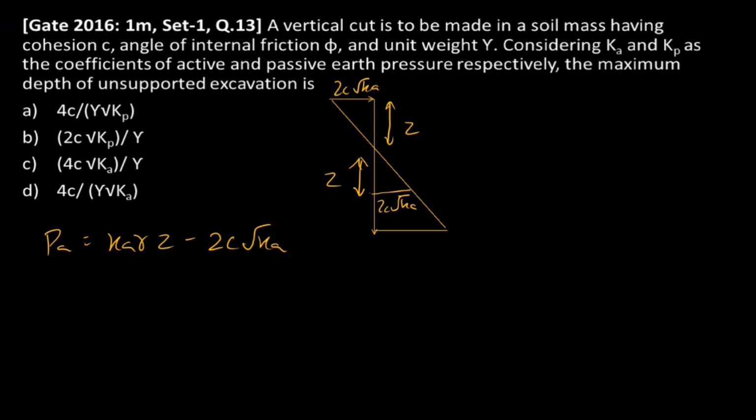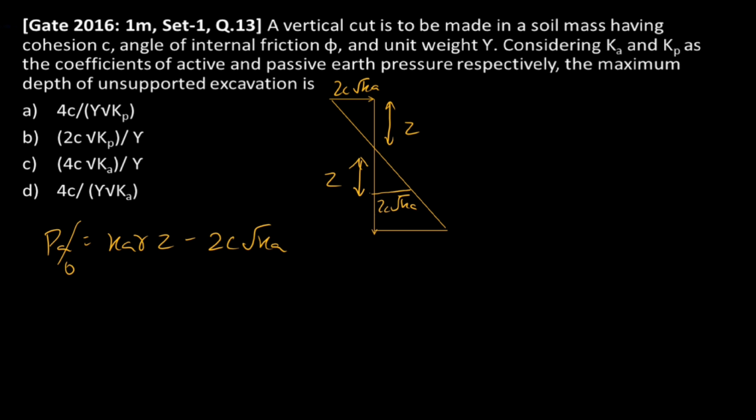Okay, so they have asked us the maximum depth of unsupported excavation, which means the zone should not have any tension or compression stress. So the value of active earth pressure should be equal to 0 to find out the depth of unsupported excavation.